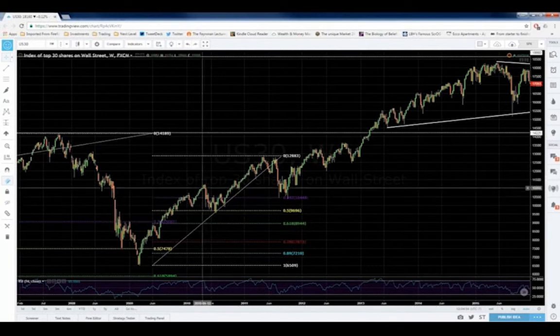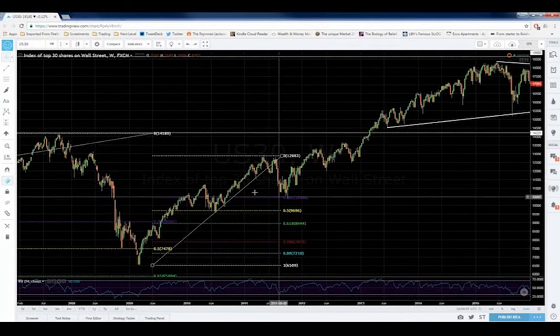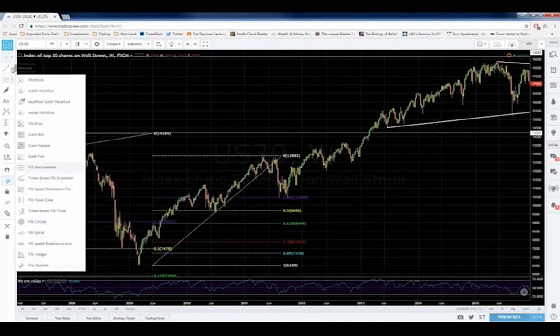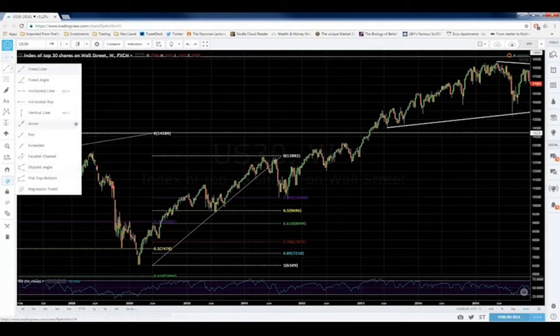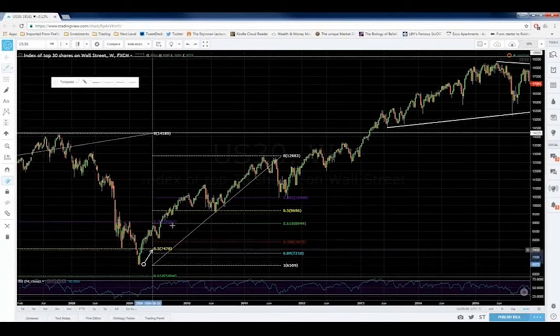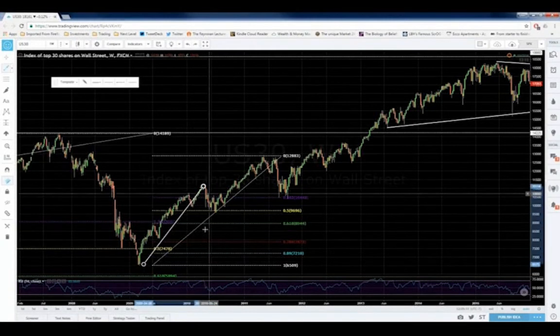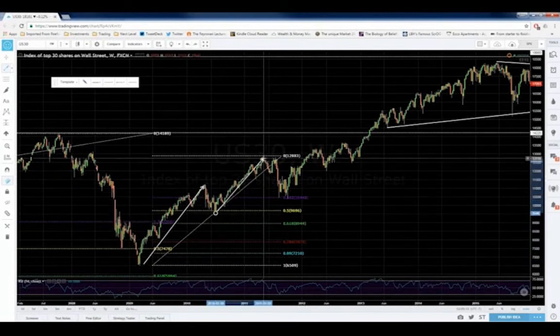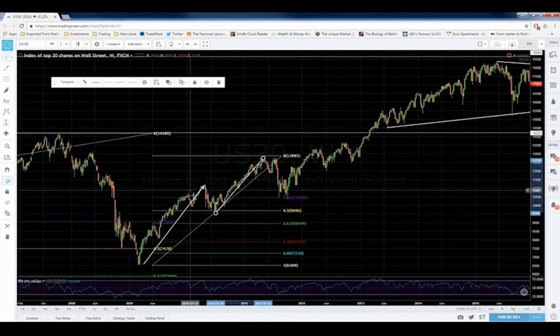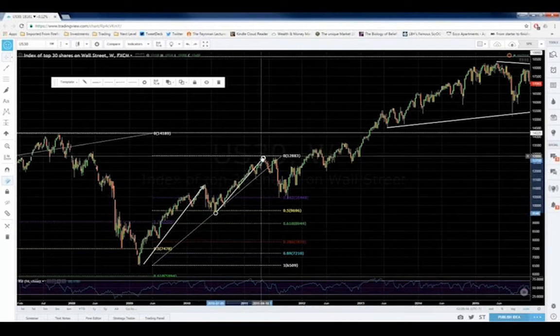So now we have this minor wave and a second minor wave. So these two minor waves here, a minor wave plus a minor wave, actually do make this all one wave.